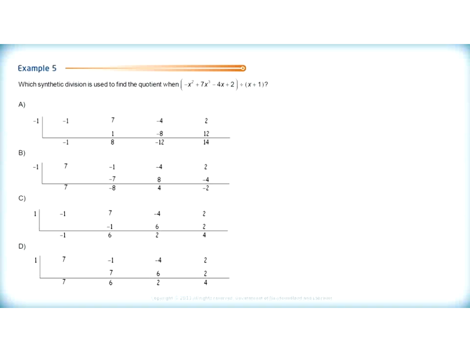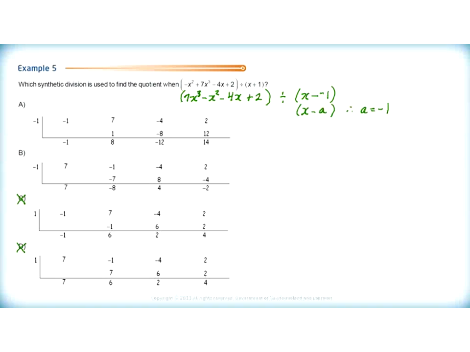So let's rewrite the polynomial as 7x cubed minus x squared minus 4x plus 2, divided by x plus 1, which is written as x minus a negative 1. So in the form of x minus a, that tells us that a is equal to a negative 1, which goes in front of the box using synthetic division.